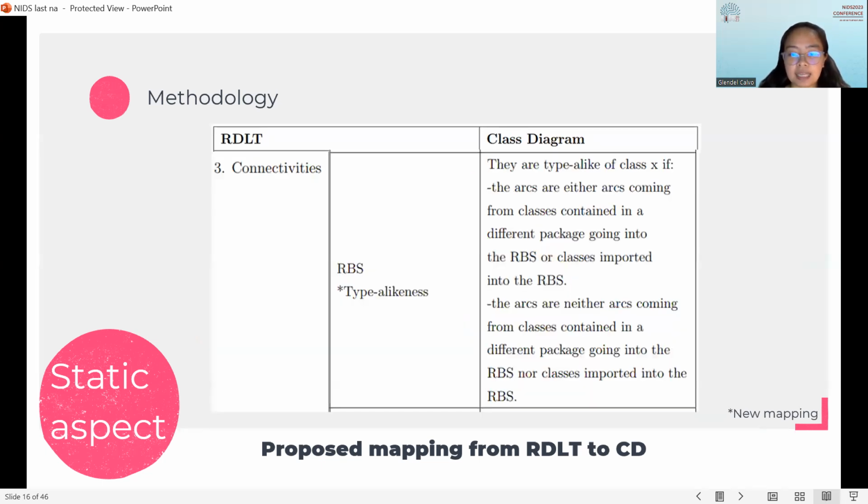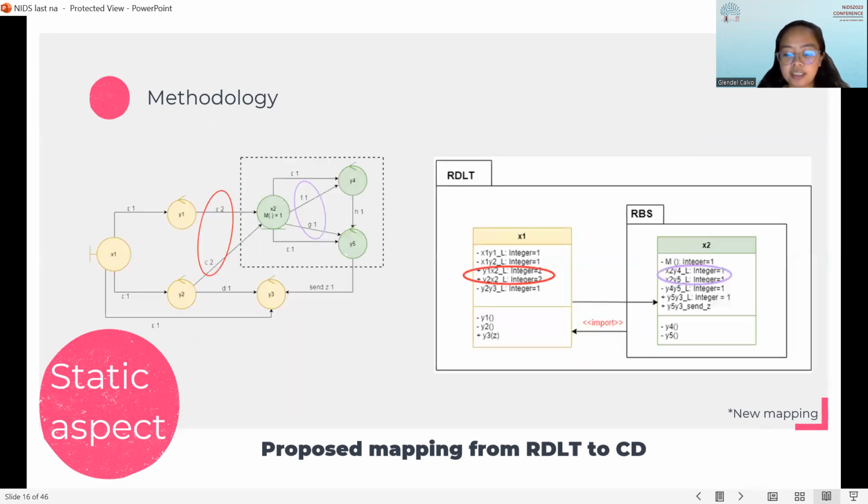Next is the type alikeness. In RDLT, the arcs are type alike if they are in bridges of X or not in bridges of X. In this example, Y1, X2, and Y2, X2 are type alike since they are in bridges of X2, while Y1, X2 and X2, Y4 are not type alike.